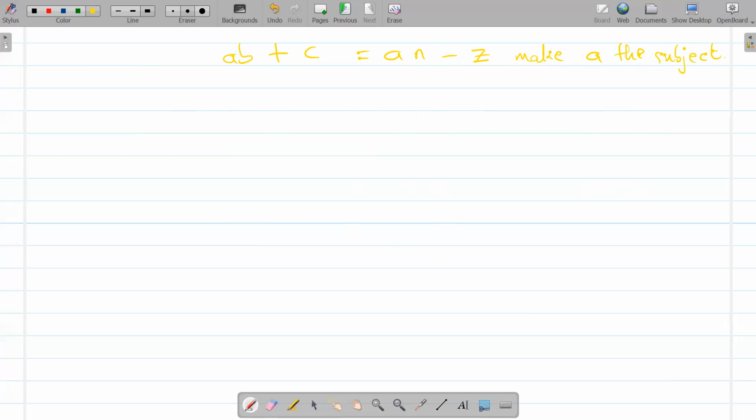So how do you make A the subject of this equation? A moment, we'll work on it.